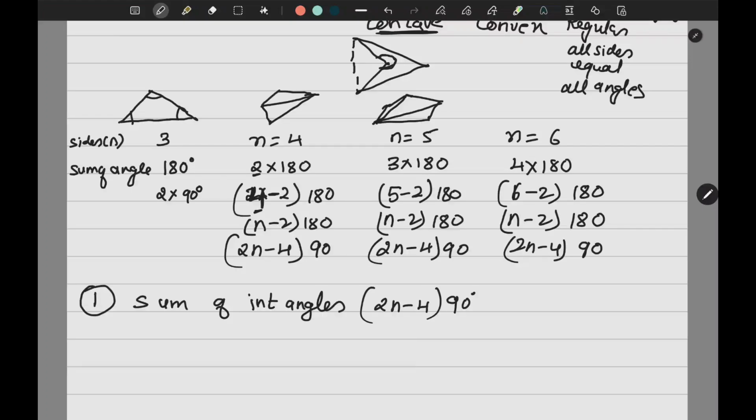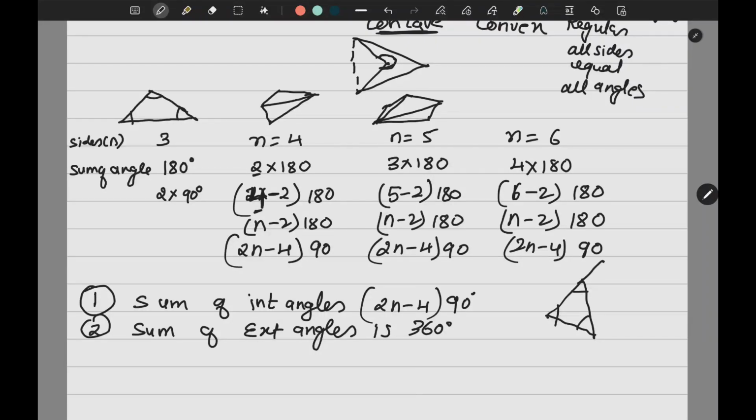Right? Same way, whatever the polygon is, the sum of exterior angles is 360. Let me try to explain. If you have this, these three are the interior angles, and these are called the exterior angles, x, y and z.